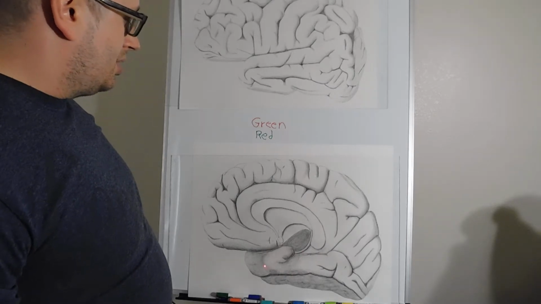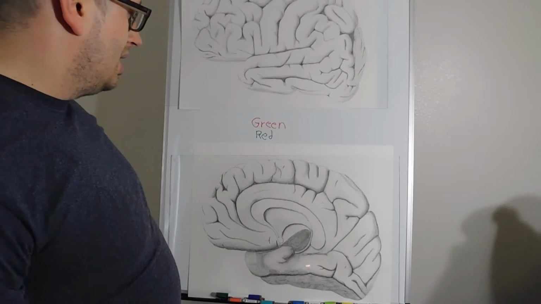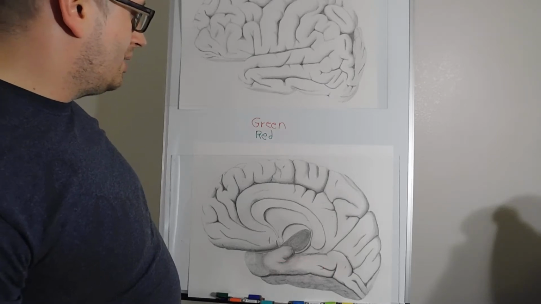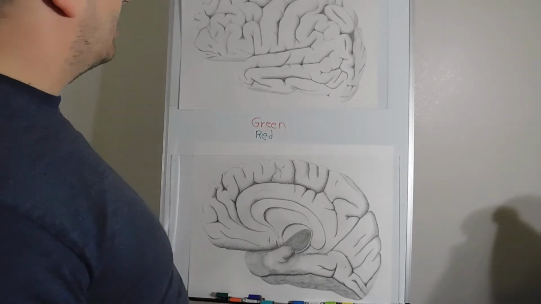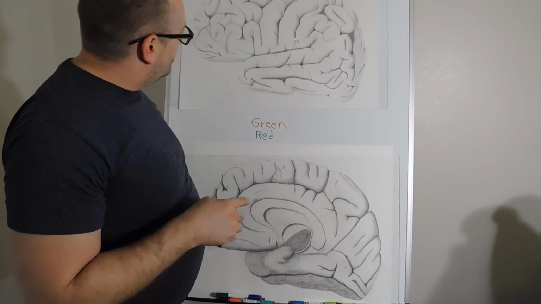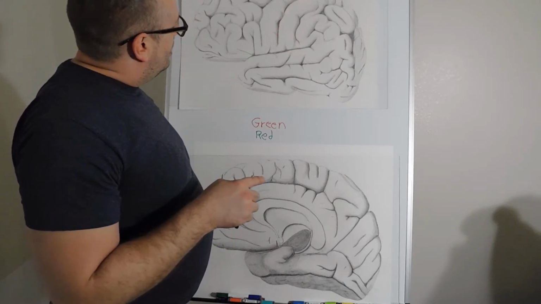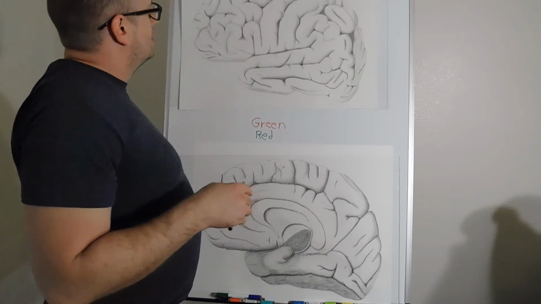The uncus, the entorhinal cortex, the perihippocampus, and the hippocampus back behind here, buried in that sulcus. By the way, I didn't tell you what a sulcus was. Sorry about that. The sulcus would be like these darker areas here that are infoldings of your cerebral cortex.